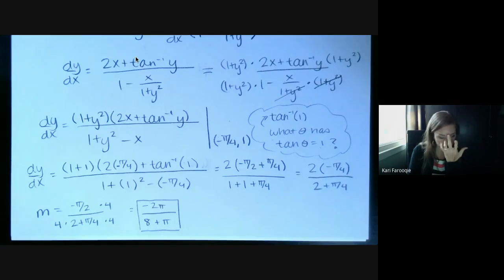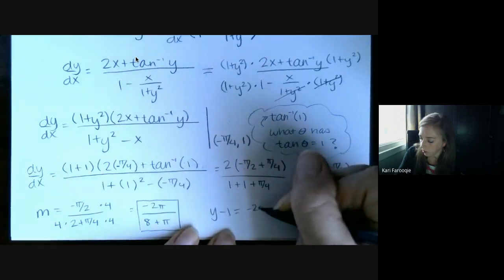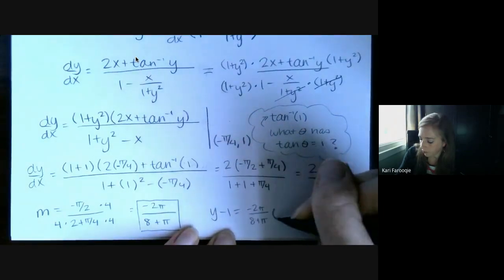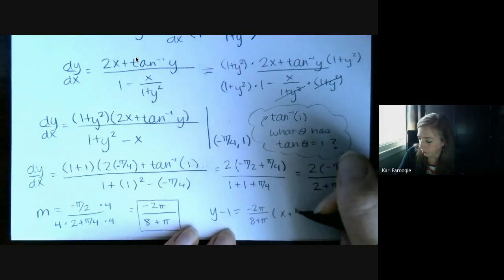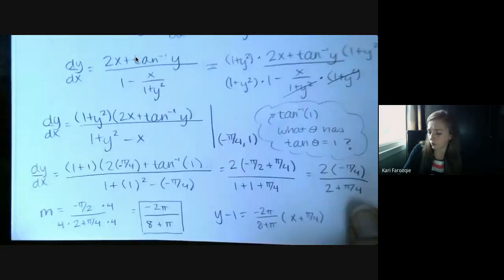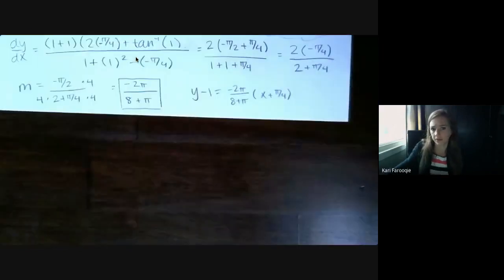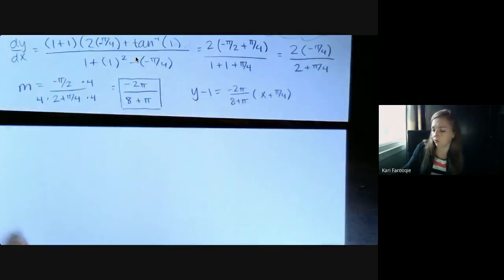This is another one that WebAssign would accept some crazy answer for. Y minus y sub 1 equals m times x minus x sub 1. You guys have done a ton of these. Do the best you can with this one. Don't get super crazy. Just solve for y.